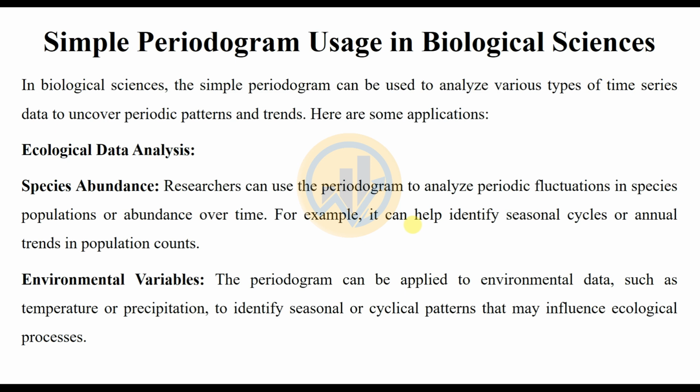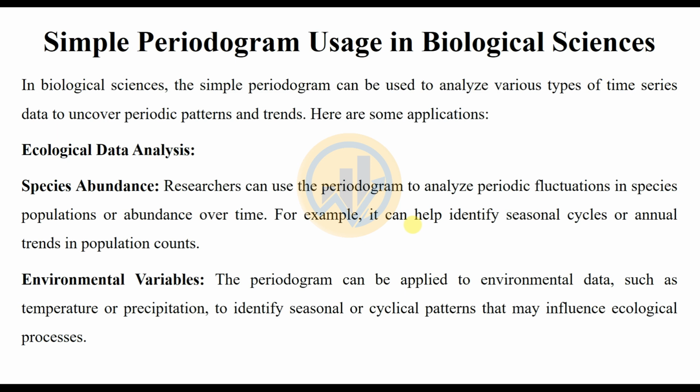Next, the simple periodogram used in biological science. In biological science, the simple periodogram can be used to analyze various types of time series data to uncover periodic patterns and trends. Here are some applications in biological science. Ecological data analysis, species abundance: researchers can use the periodogram to analyze the periodic frequencies in species populations or abundance over time.